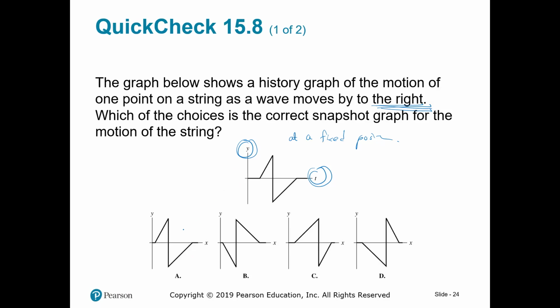The snapshot is traveling, your wave is traveling to the right, so you have to see height change, but the height must be positive, right? You will see it getting lower, getting higher, getting lower, right? So I'm sorry, your position is getting higher, right? So the answer is D, right?